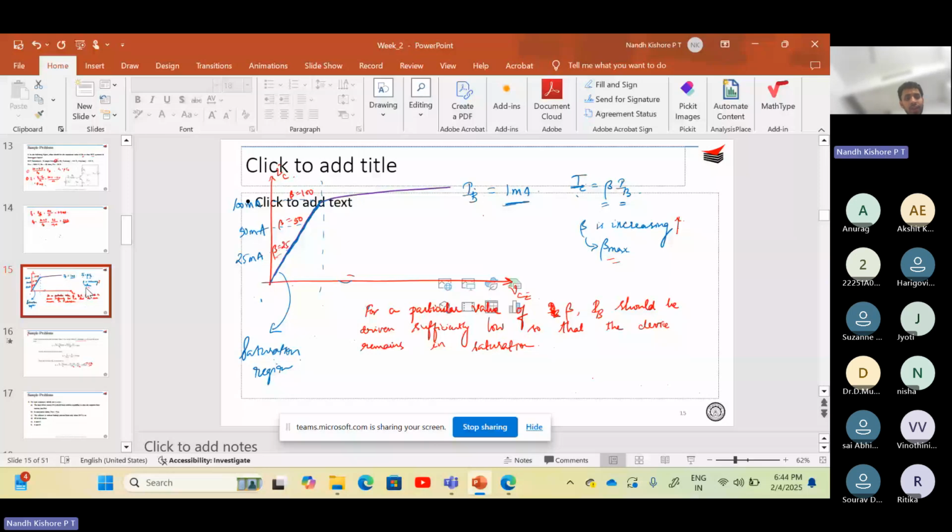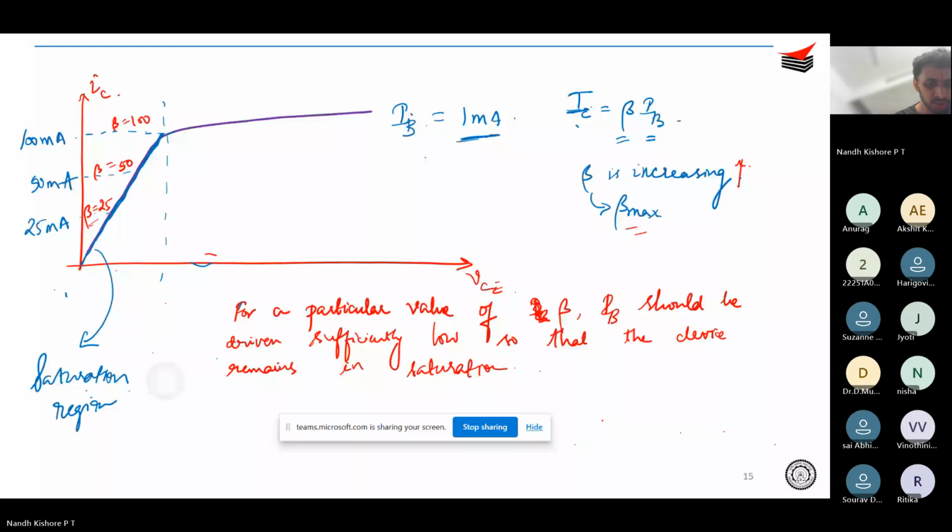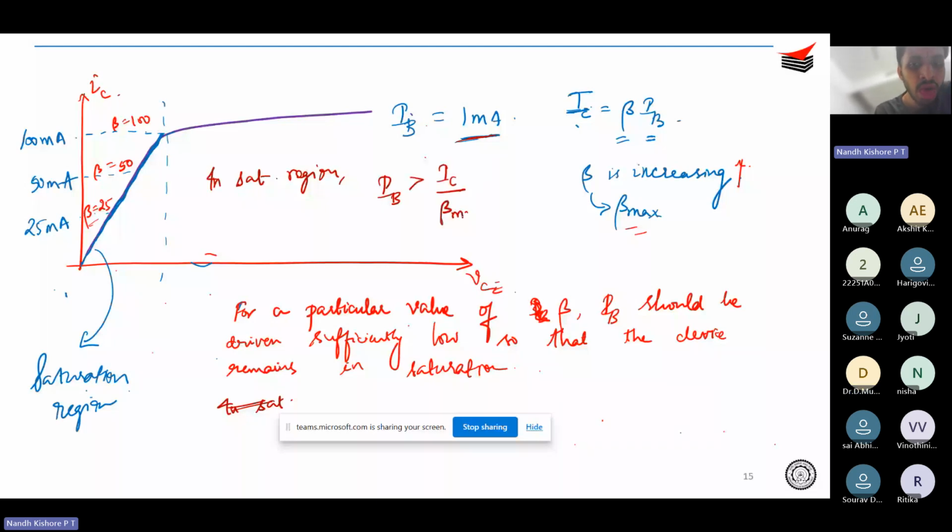You can understand that by the fact that in saturation region, the final IB that you drive is going to be more than IC by beta max.